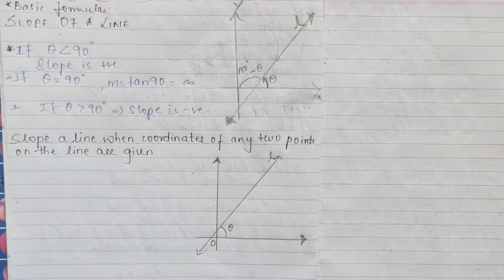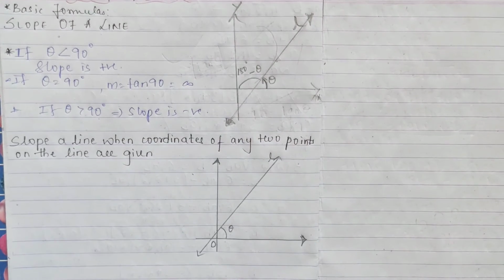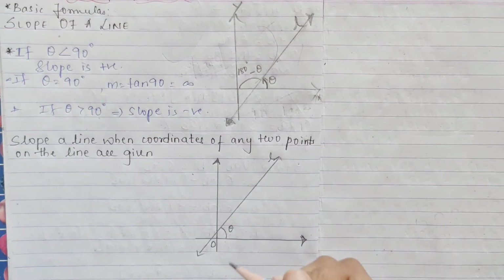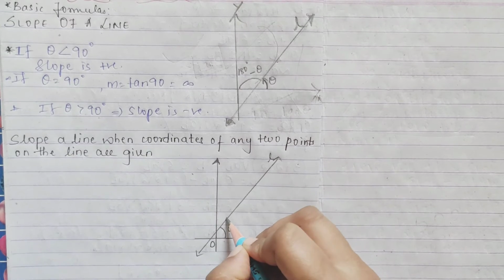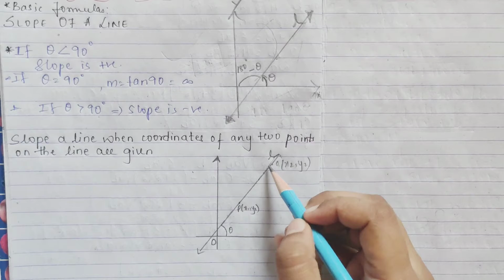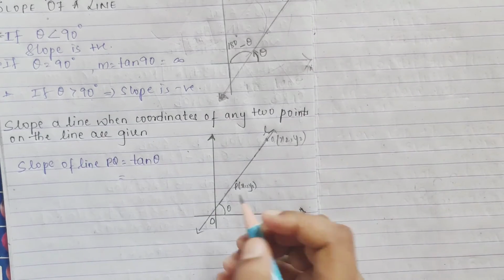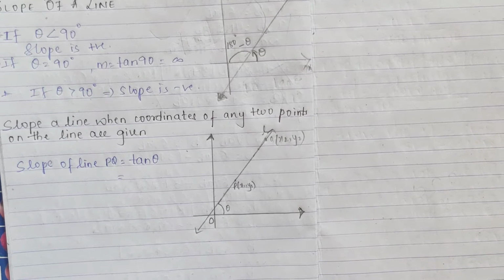Same as before, a line passing through the positive side of the x axis. Now suppose they have given you 2 points, P(x1, y1) and Q(x2, y2), and the line makes an angle theta.